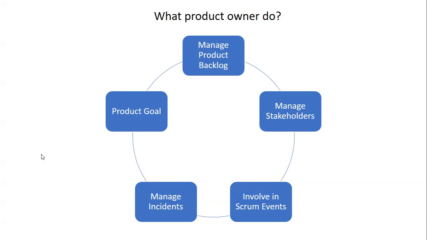The third topic, what he does in daily life, is that he also has good involvement or interaction in Scrum events. Of course, it is not mandatory. We have multiple Scrum events: daily stand up, backlog refinement, sprint planning, sprint closure, and sprint demo.